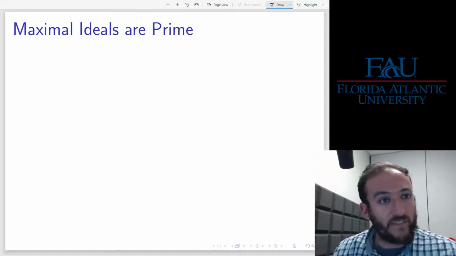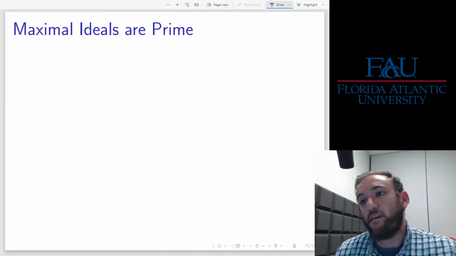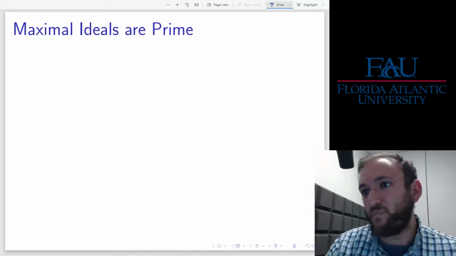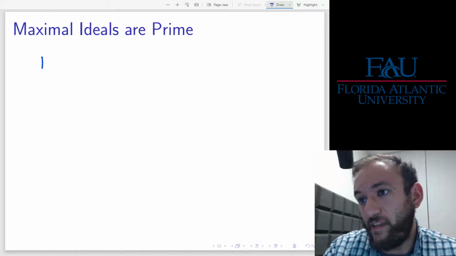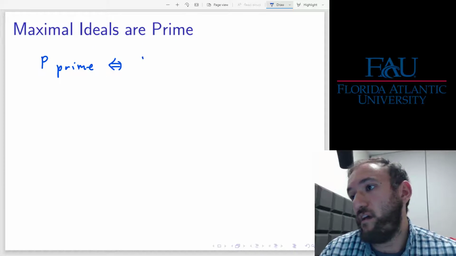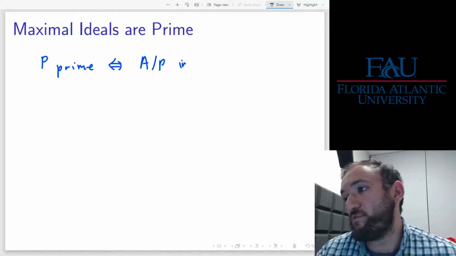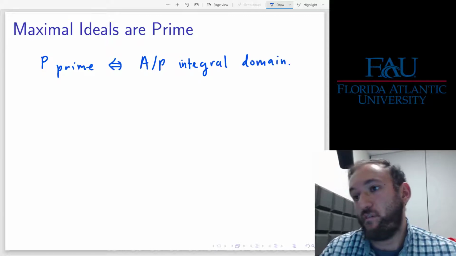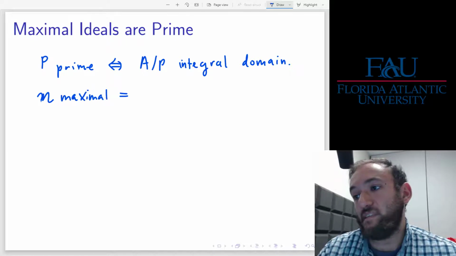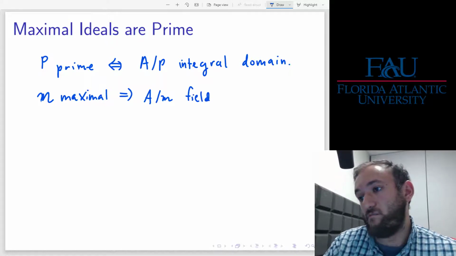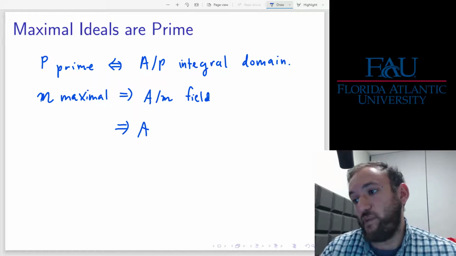Okay, so now we've seen some prime ideals, we've seen some maximal ideals, and now I'll prove to you that maximal ideals are prime. And this is relatively trivial because we know that an ideal P is prime if and only if A mod P is an integral domain, but if M is maximal, that means that A mod M is a field, and a field is an integral domain.